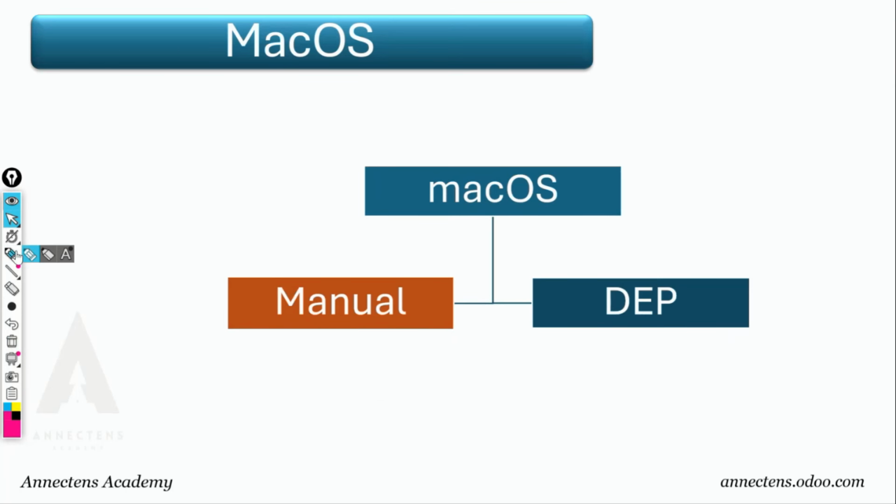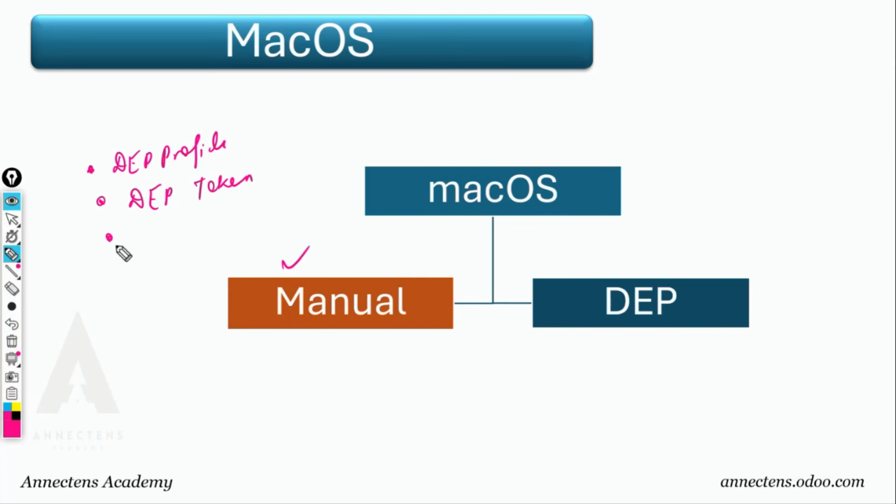So what things are required? First, in the manual method, as we talked, we require Company Portal and an Intune license. But if you are doing DEP, we require a DEP profile. Second, we require a DEP token.